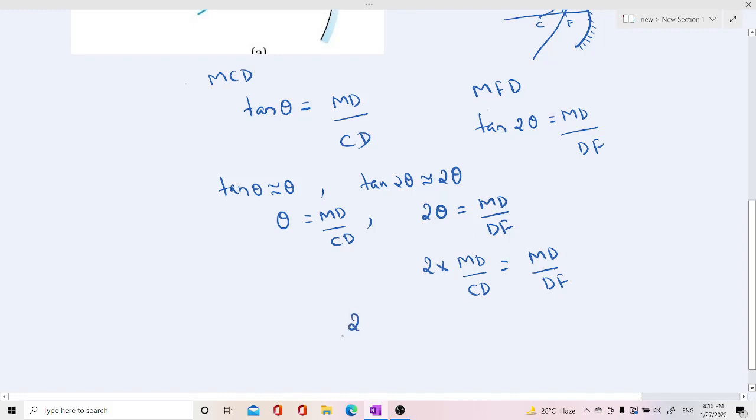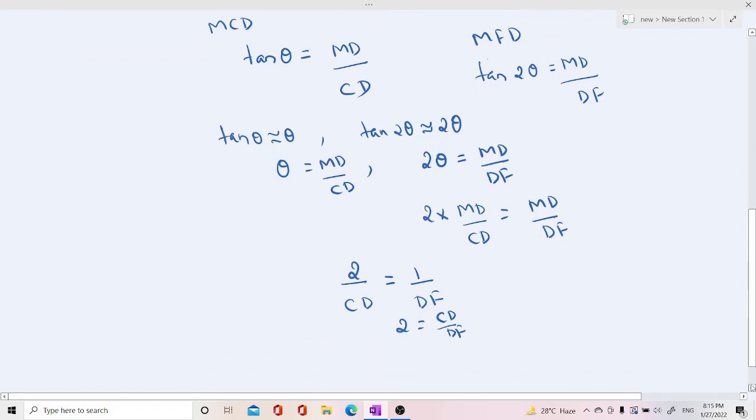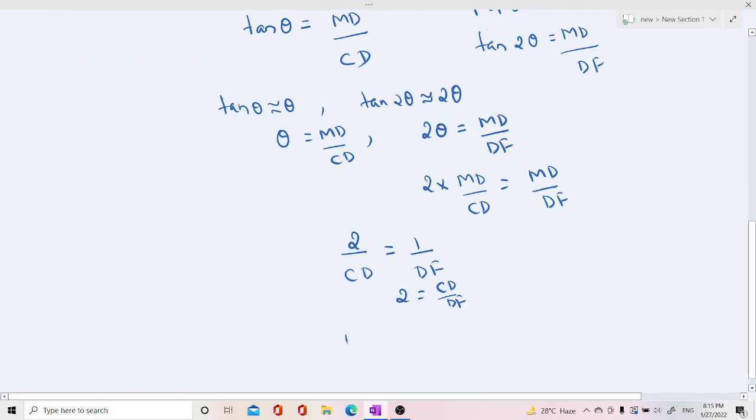Therefore, we get 2 divided by CD is equal to 1 divided by DF, or DF is equal to CD divided by 2.